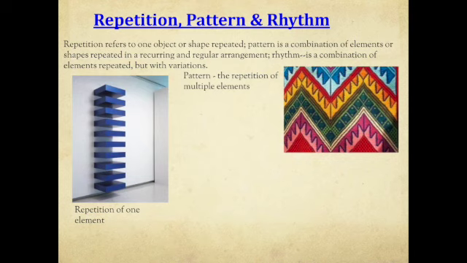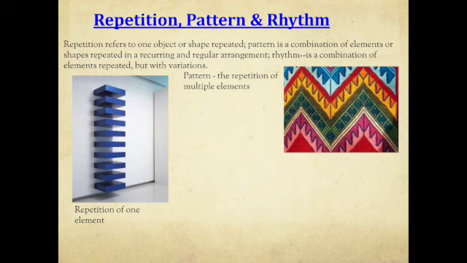A pattern is a combination of elements or shapes that are repeated in a recurring or regular arrangement. So they don't really change. They are the same. If you look at this little pattern, fabric or tapestry, the pattern in each zigzag line is the same, and it continues one after another.